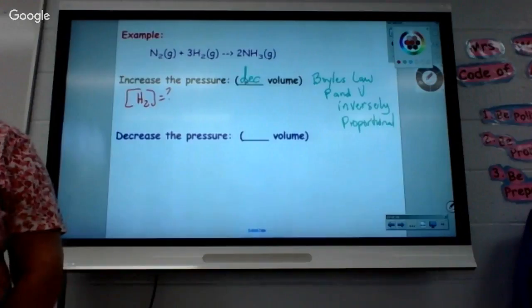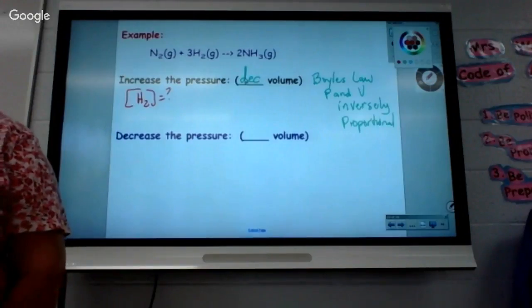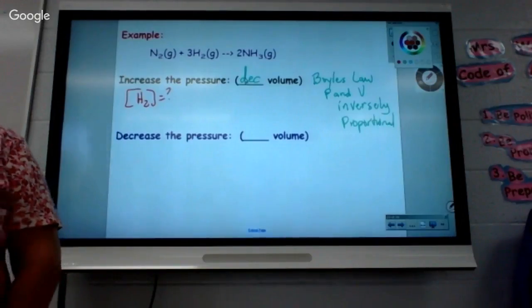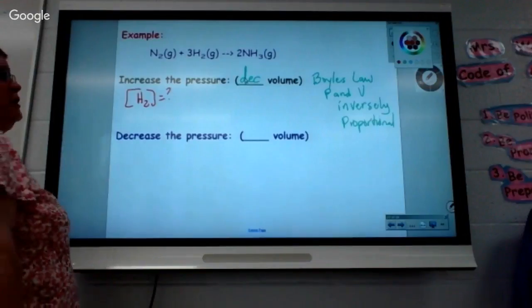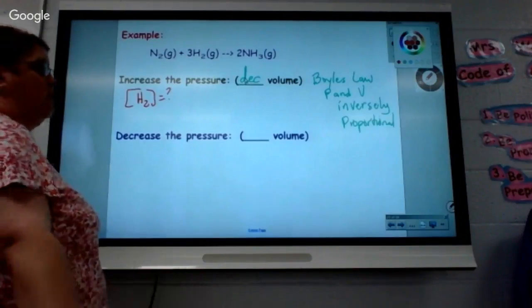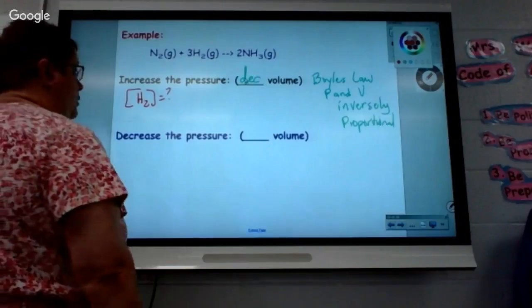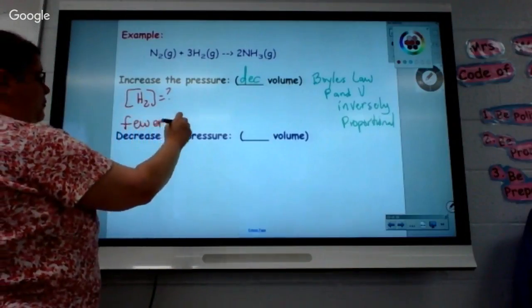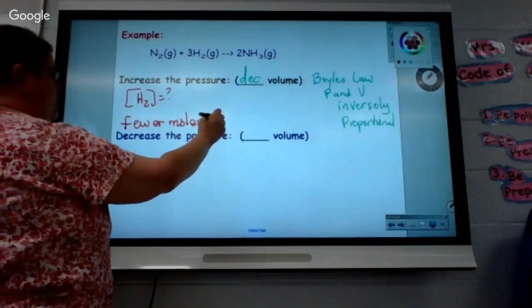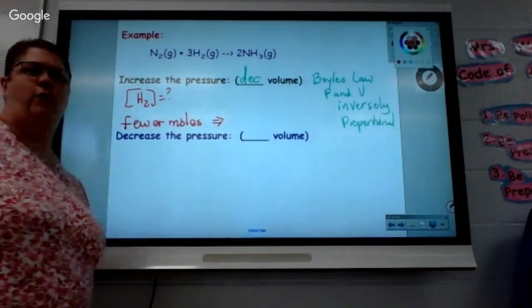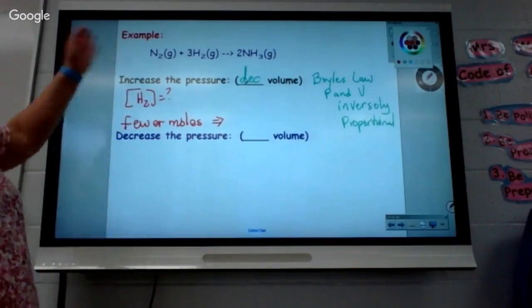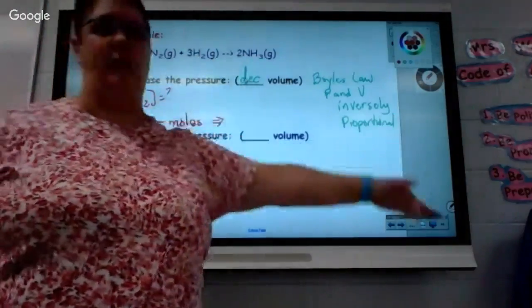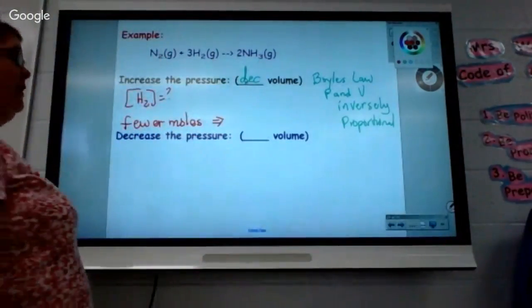You have to know that before you can answer the question. So, if I increase the pressure, what's the rule? It goes to the side of fewer moles. So, is that to the left or to the right? Everybody said right.